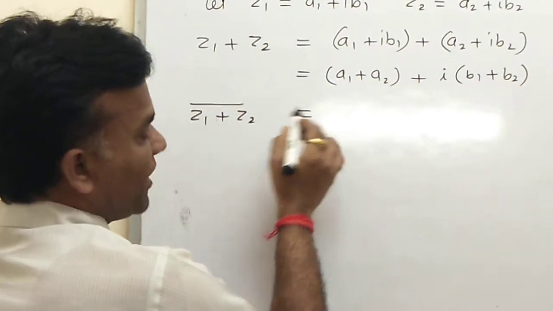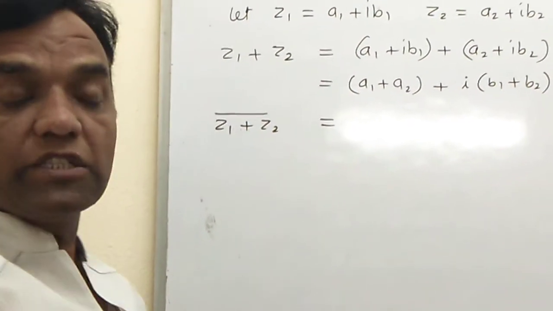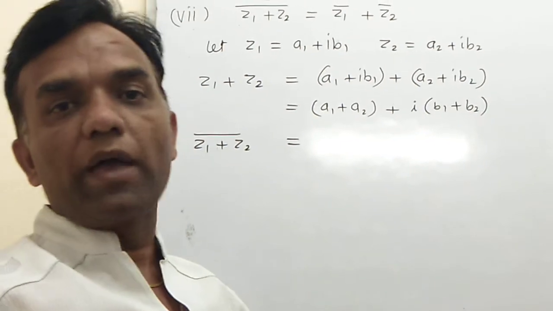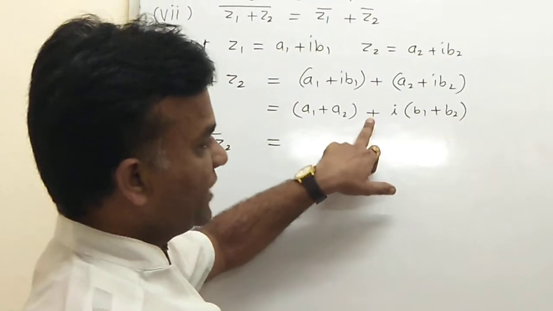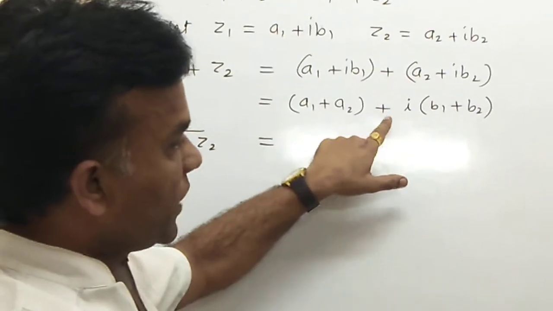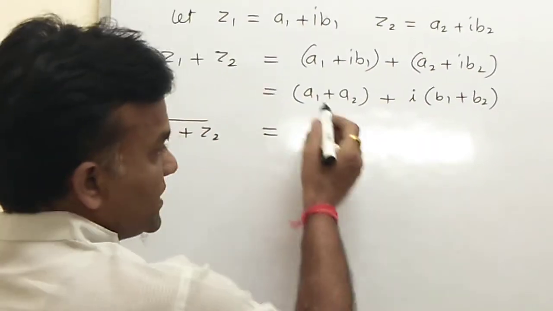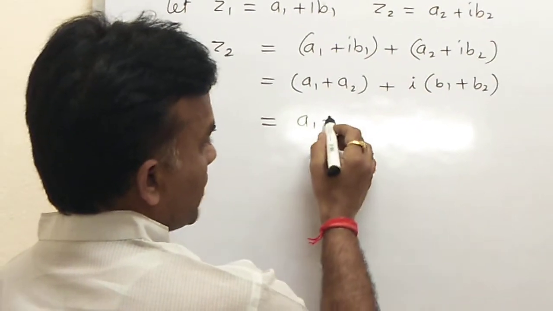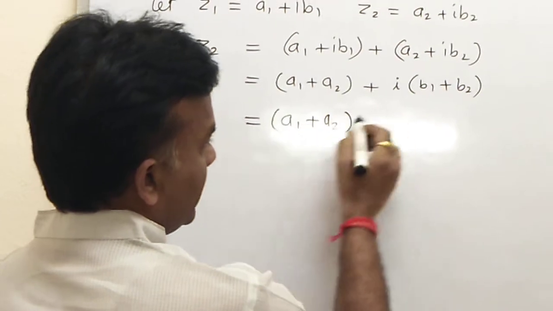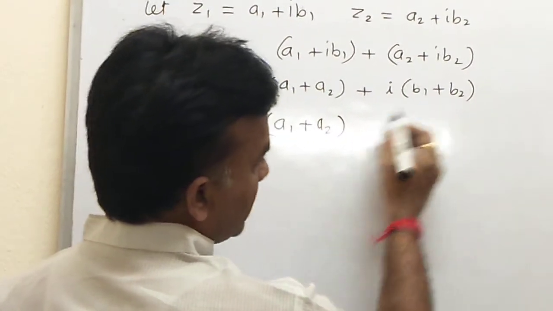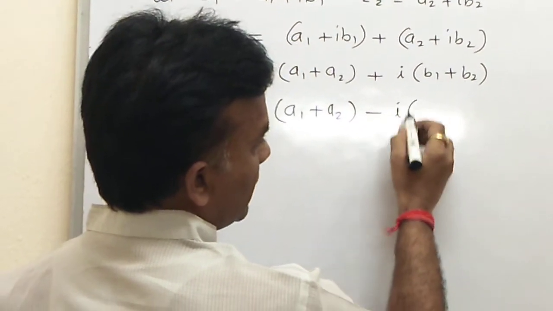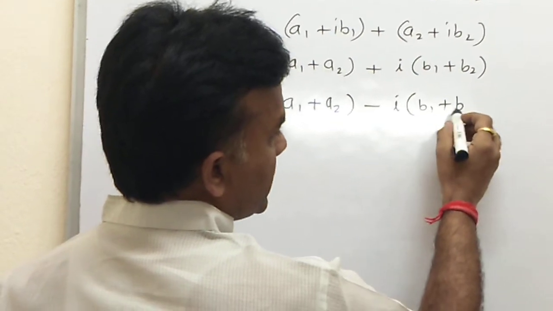Conjugate means only the sign of iota changes. Here the iota sign is positive, so after conjugate this sign is negative. So there is no change in a1 plus a2 because it is real, and the term having iota becomes minus i times b1 plus b2.